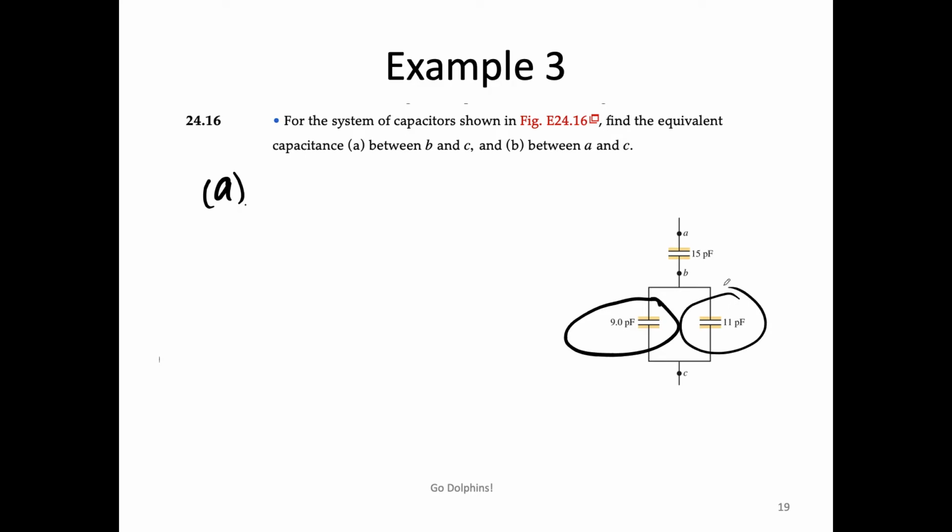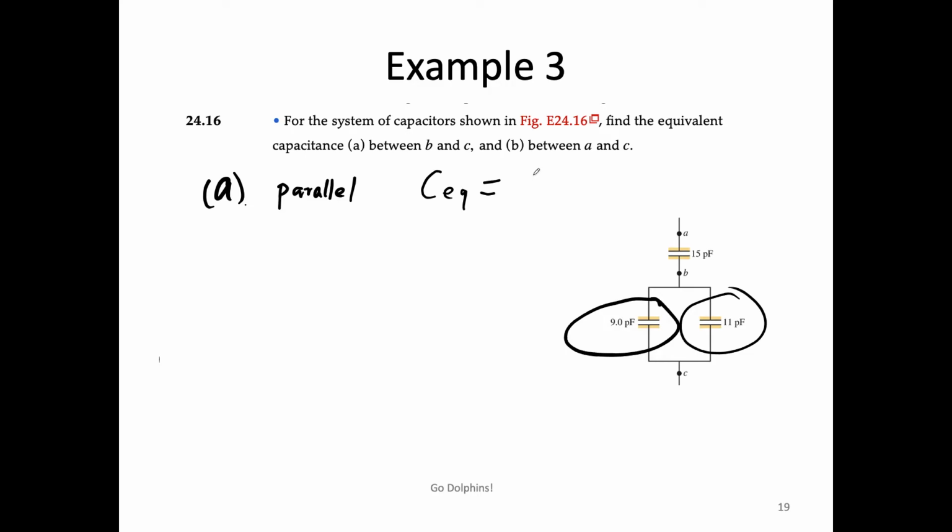And how are they connected, right? Of course they are connected in parallel. So C equivalent in this case should be found by adding them up.